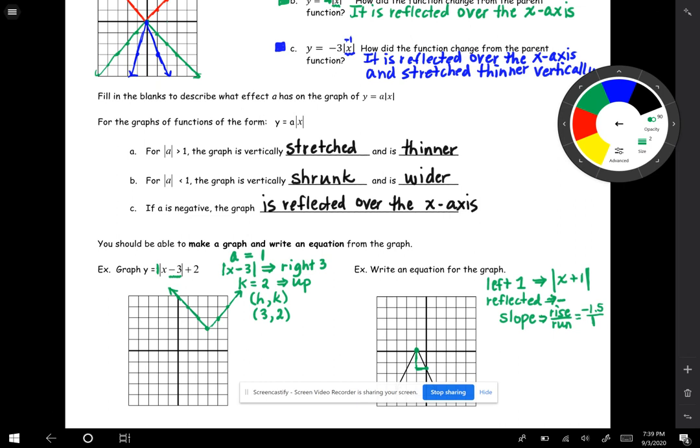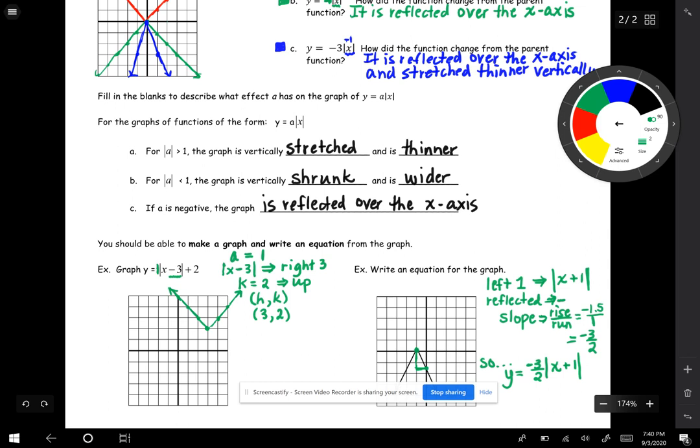But remember, because this graph has been flipped, A is going to have to be negative. I'm going to write it as a fraction. So the equation is y equals negative 3 over 2 times the absolute value of x plus 1.